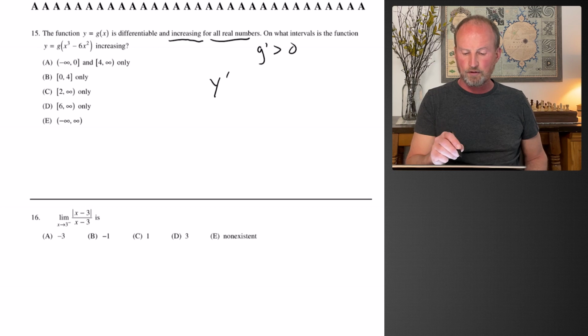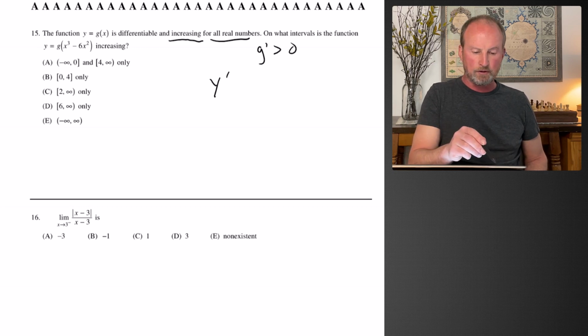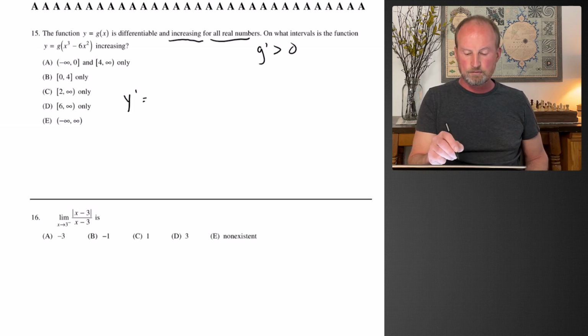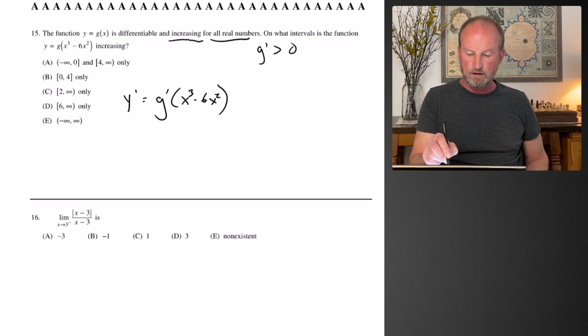So let's take the derivative of g. Chain rule. Derivative of the outside function, leave the inside alone, times it by the derivative of the inside function.